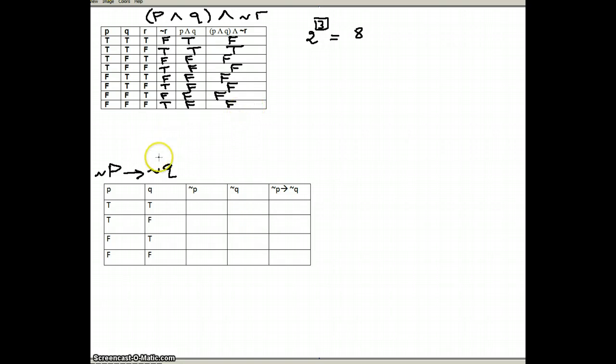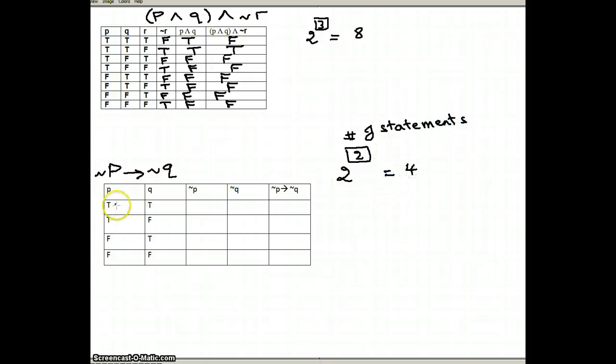Okay, let's look at another conditional statement. Not P, then not Q. Again, since these are two statements, the number of rows would be 2 to the power 2, where 2 here stands for the number of statements. So it would be 4.